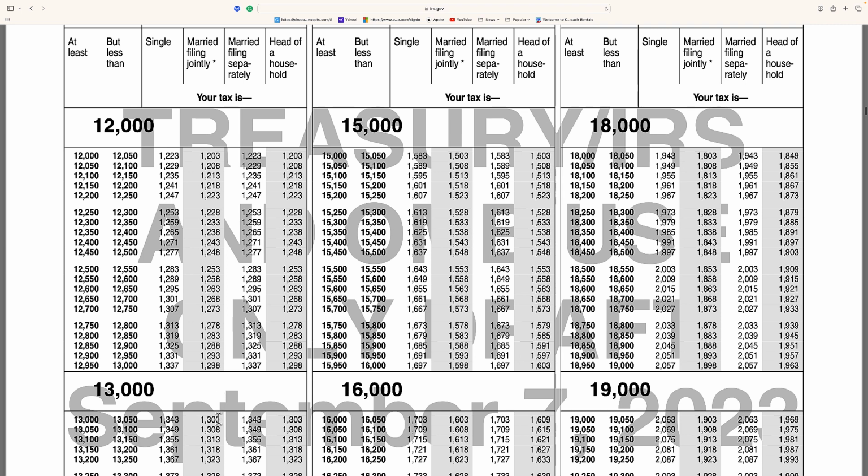So let's go down right here to $1,303, which is the tax that you would have to pay, married filing jointly, on the income of $13,025. So let's pop back over and put that number in and see where we are.